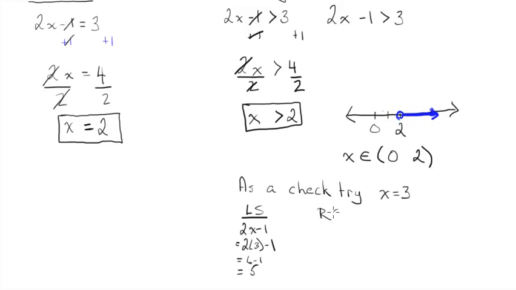Compare that to your right side, which is 3, and notice that 5 is bigger than 3. Since the left side is bigger than the right side, the inequality holds, or the inequality is true.